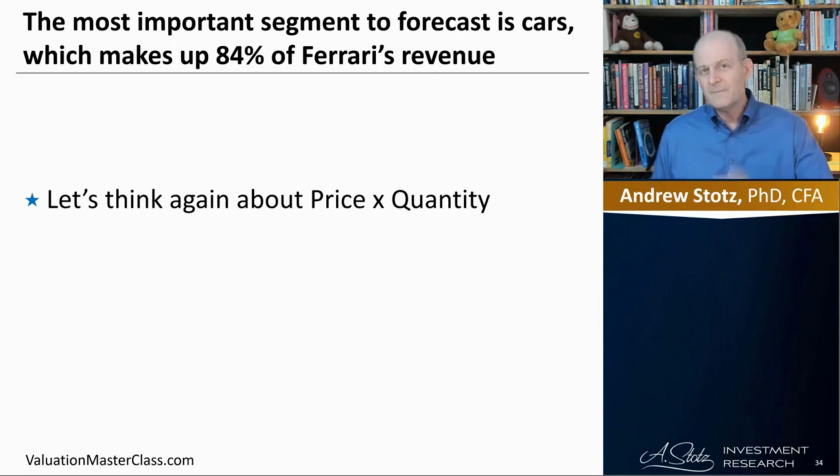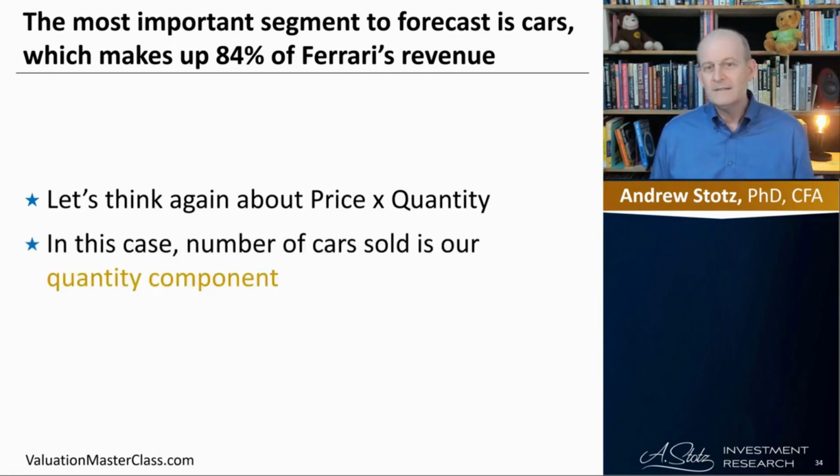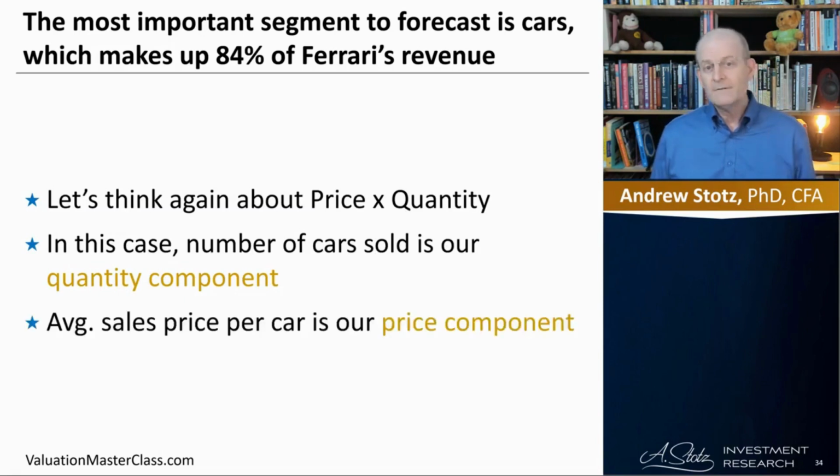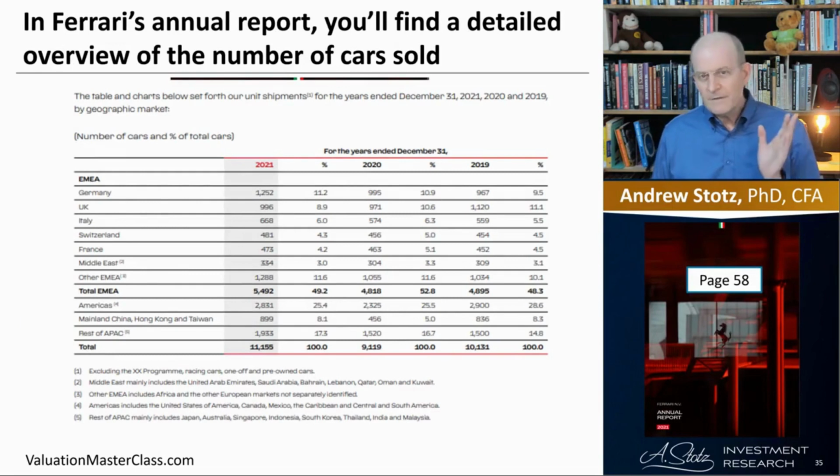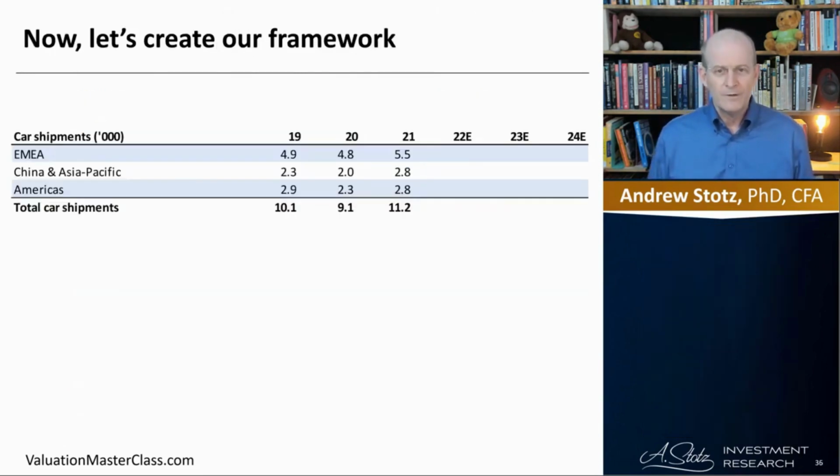So let's think about price times quantity. In this case, the number of cars sold is our quantity component, and the average sales price per car is our price component. In Ferrari's annual report, you'll find a detailed overview of the number of cars sold and where they were sold. We can then create a framework of where the cars are being sold.